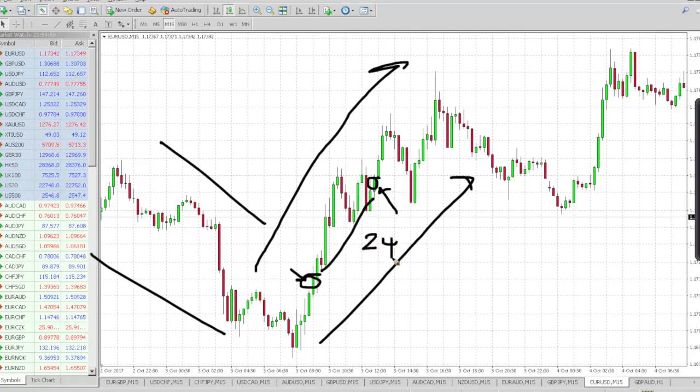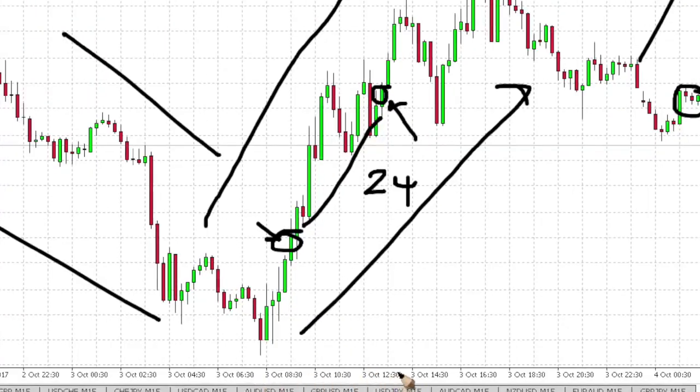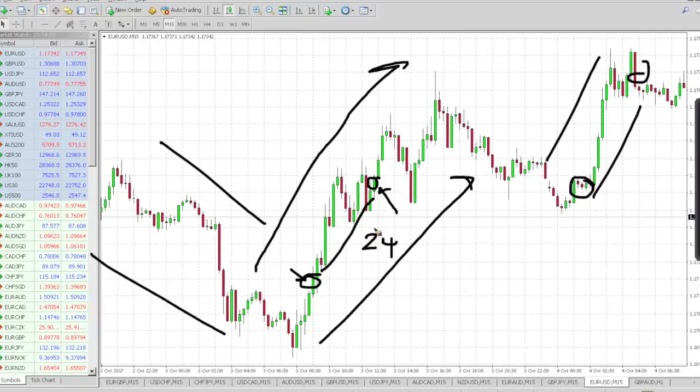That's it, I'm out. And I go for the next trade, I may buy here and sell there. So I'm capturing the very short-term trends within the day. You can see that this trade from here to here was within the same day, within the 3rd of October.